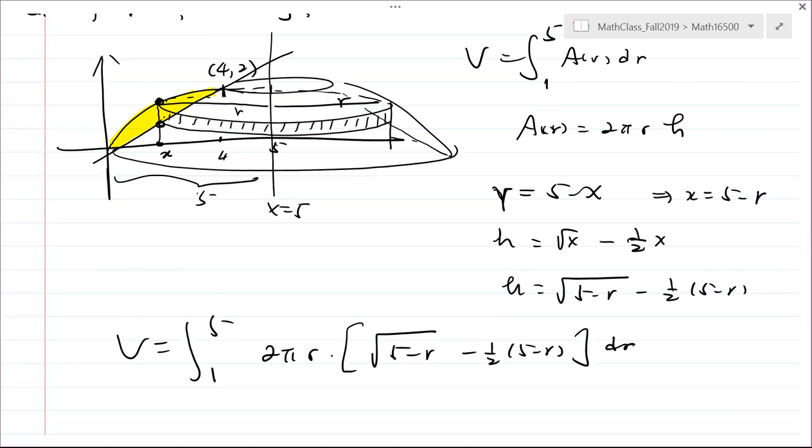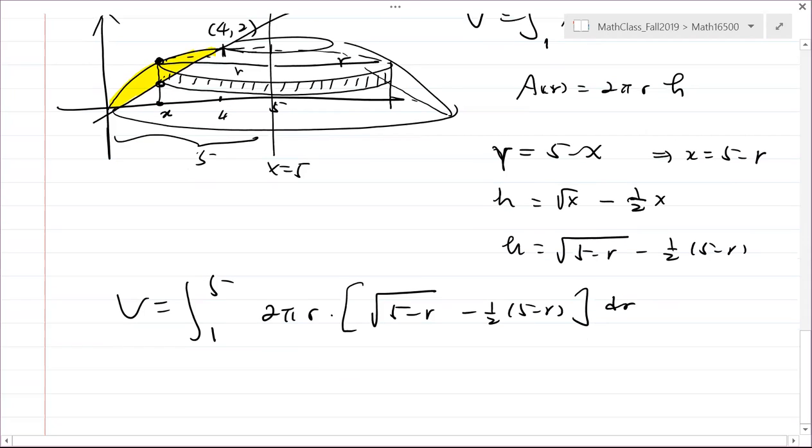But if you want to use the x variable, r is going to be 5 minus x, right? So it looks like you should just use substitution here. So dr equals negative dx. So when r is 1, x is going to be 4.